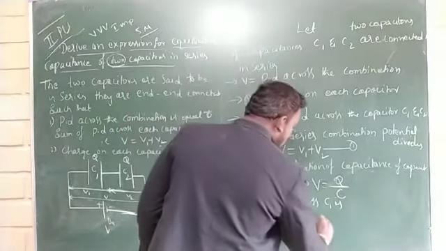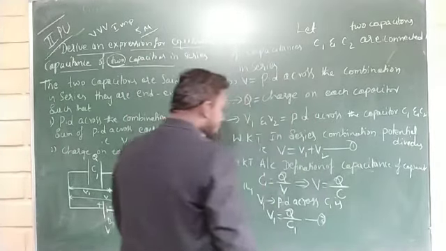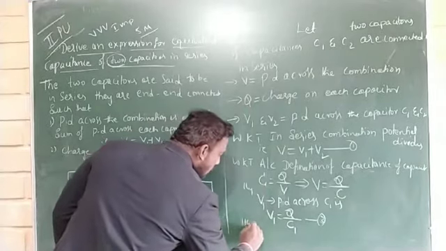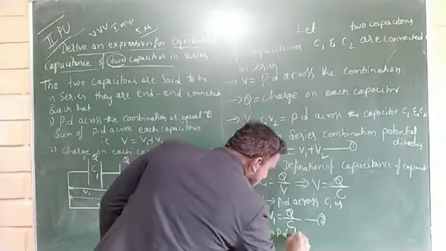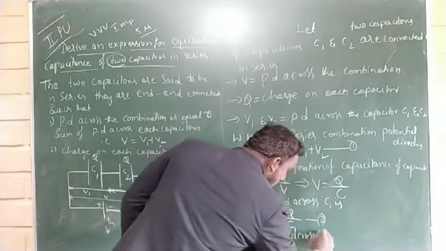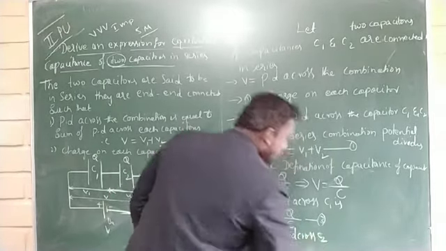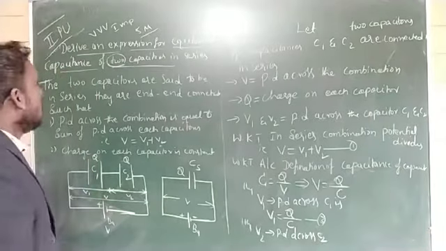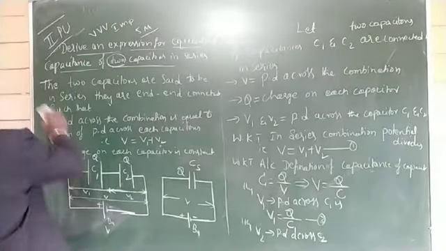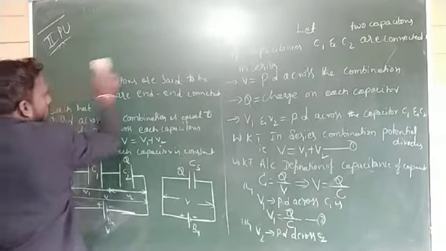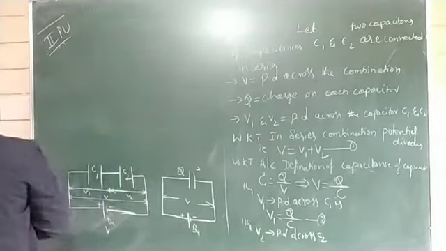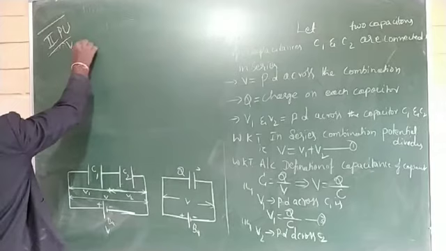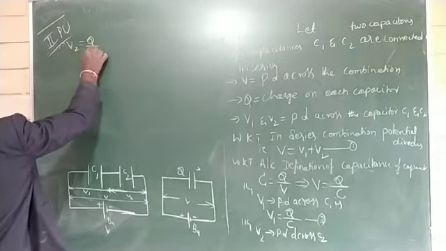Call it equation number 3. Similarly, V2 is the potential difference across C2, so V2 is equal to Q divided by C2.